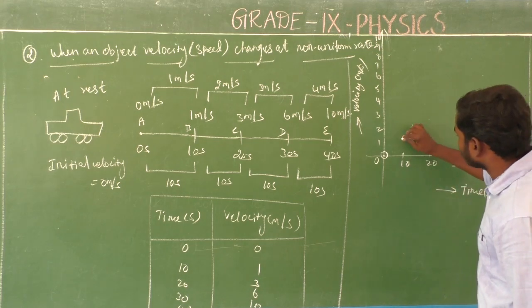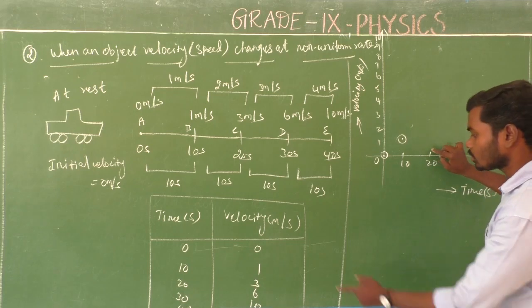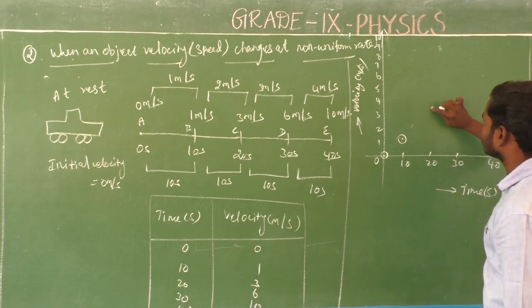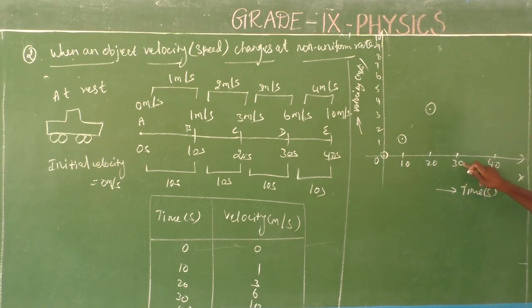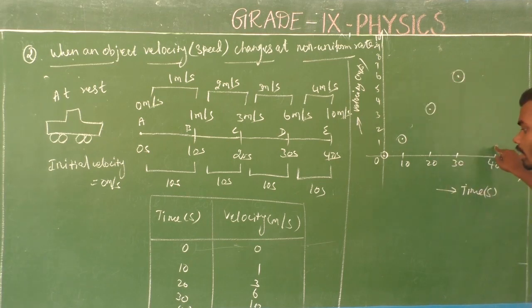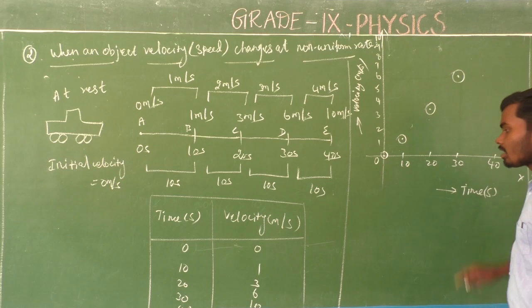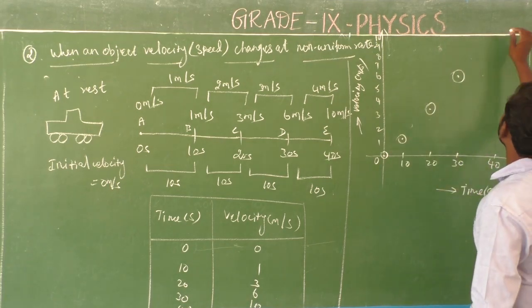So 10 is here, then 1. Then at 20 second, the velocity is equal to 3 meters per second. Then at 30 second, it is equal to 6 meters per second. Then at 40 second, it is equal to 10 meters per second.